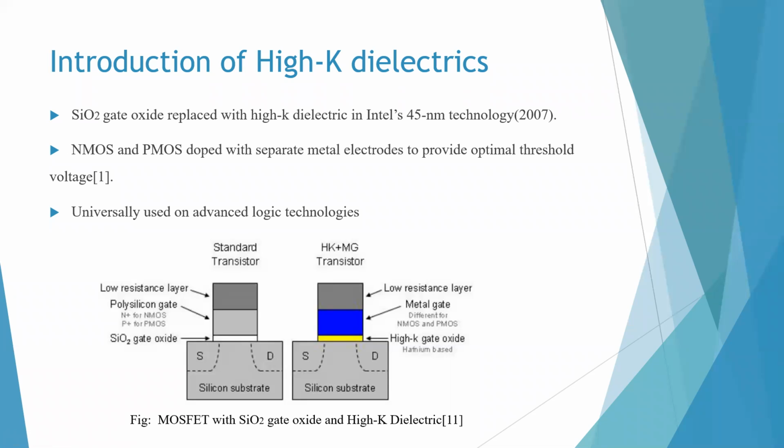And this resulted in significant improvement in transistor performance, reduced transistor leakage current, and improved transistor drive current. This technology was later adopted by all the advanced logic technologies. With the introduction of high-K dielectrics, further improvements in MOSFET technologies basically slowed down.